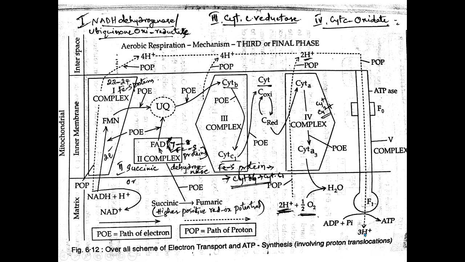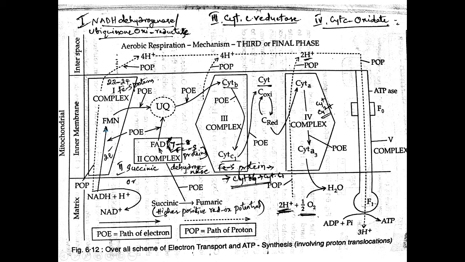This is the intermembrane space, the space between the inner membrane and the outer membrane. You need to understand this first. All these reactions take place on the mitochondrial inner membrane.